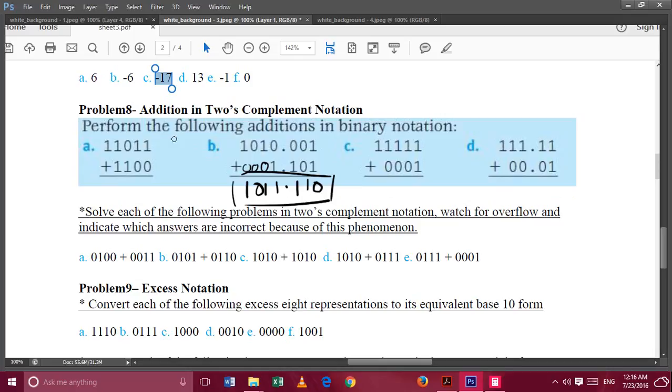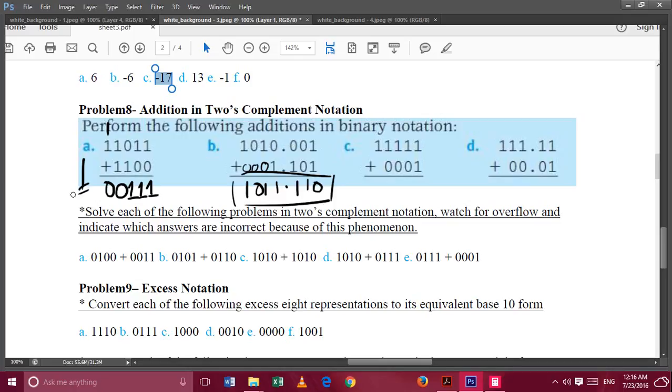Let's do this. 1 plus 0 equals 1. And 1 plus 0 equals 1. 0 plus 1 equals 1. 1 plus 1 equals 0, carry 1. 1 plus 1, which is the carry, equals 0 and carry 1.